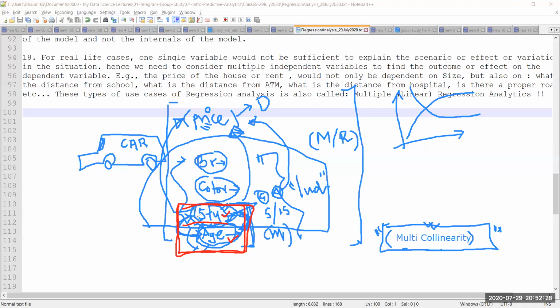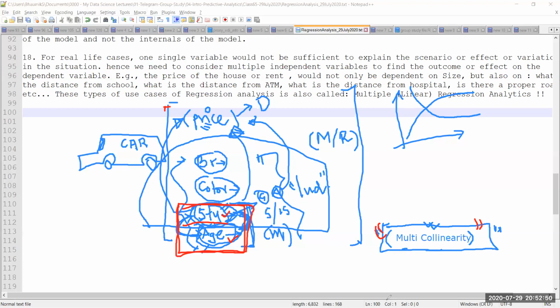And now this is causing a multiplicative effect mathematically on the price. And this is really going to be a problem. That is the reason why in multiple linear regression, multicollinearity should be avoided. You should never have multicollinearity.